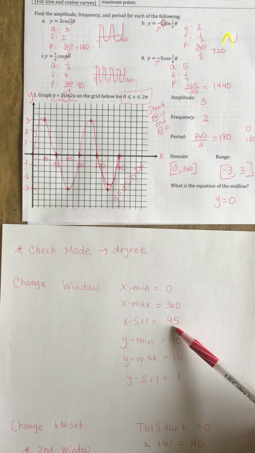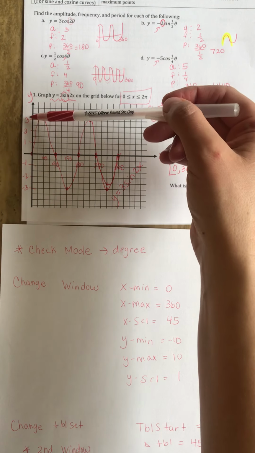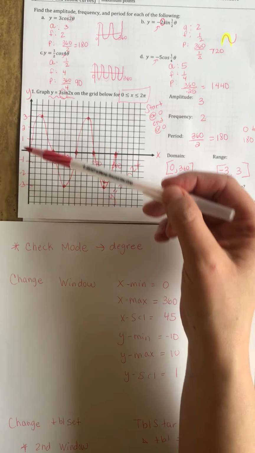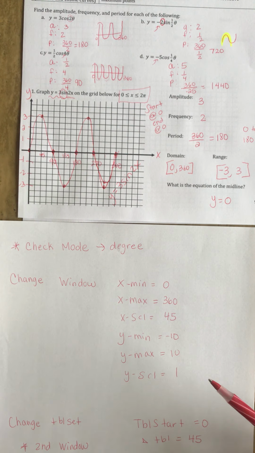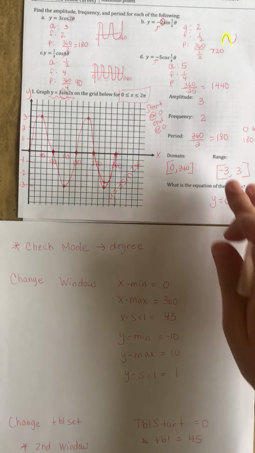There are going to be times that you're not going to graph all of those points. Your Y min and your Y max, you can keep at -10 to 10 because that's what it's set at, but you can also change it from -3 to 3 if you want to, and you want that to go up by 1. So everyone should have changed the window. You hit window and change all of those.